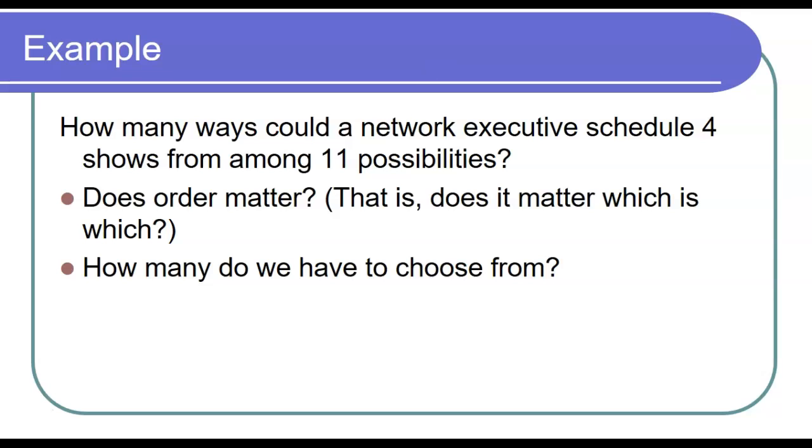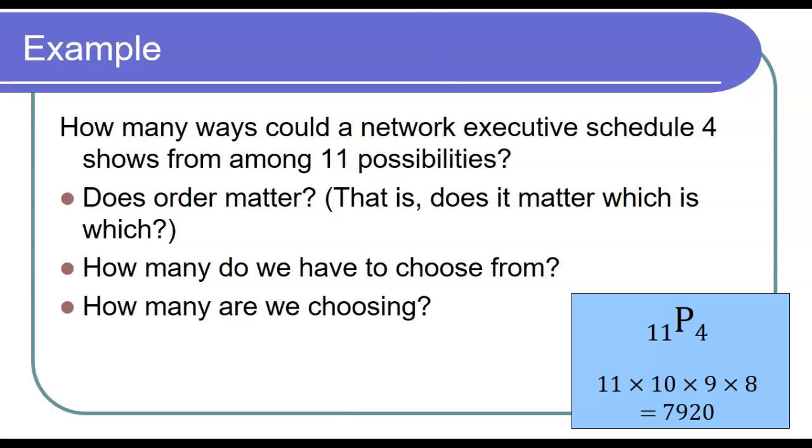How many do we have to choose from? 11. How many are we actually choosing out of those 11? 4. So this would be 11P4. 11 times 10 times 9 times 8, which comes out to 7,920 ways of setting up that schedule.